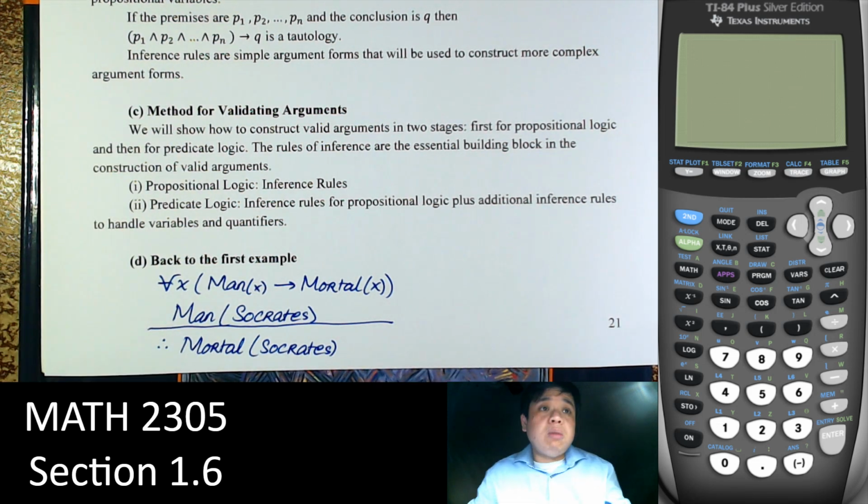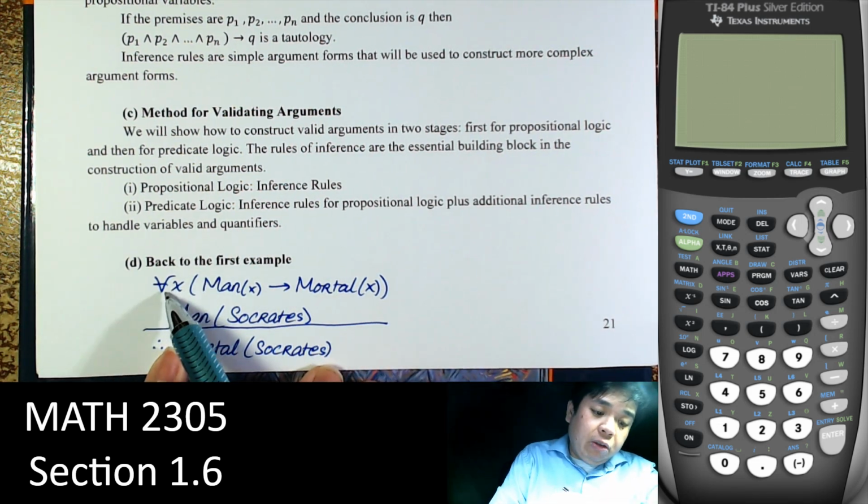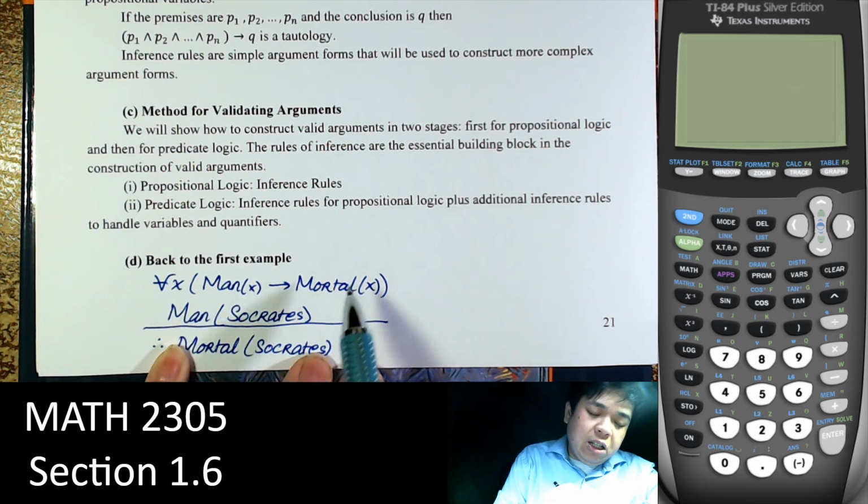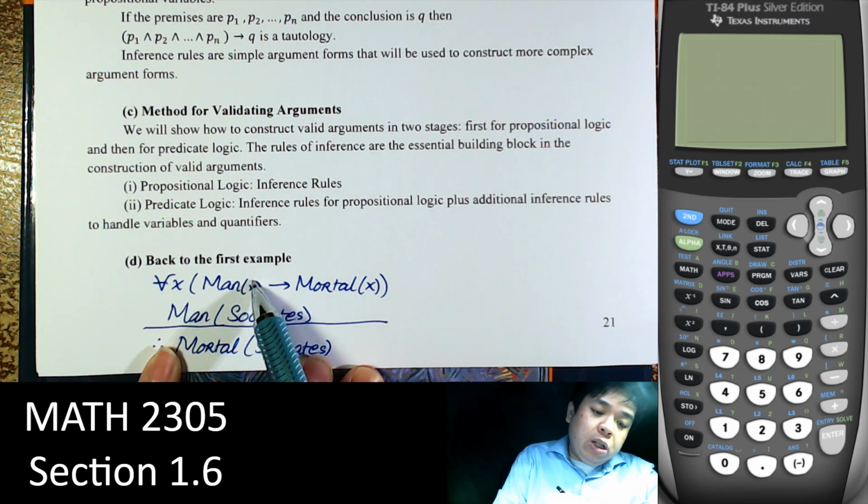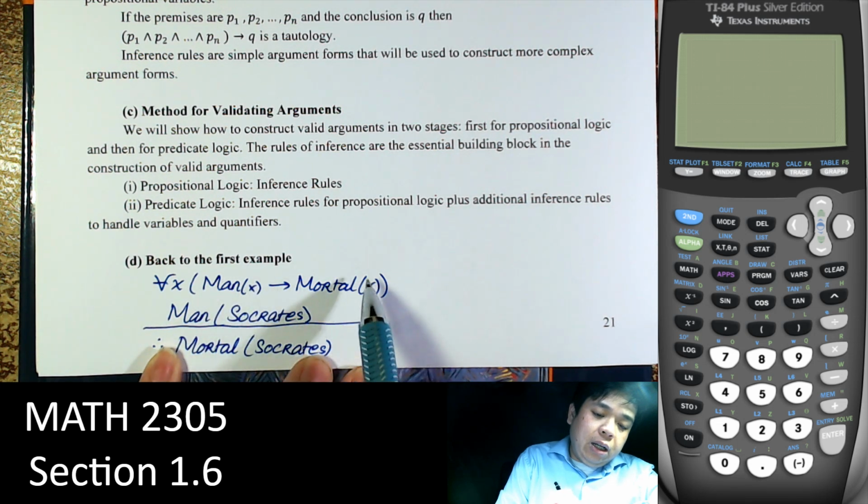Now just look at some values here. For every x, this is true. So if we put Socrates in here, that of course implies that. So if we put Socrates here, and we have the man.